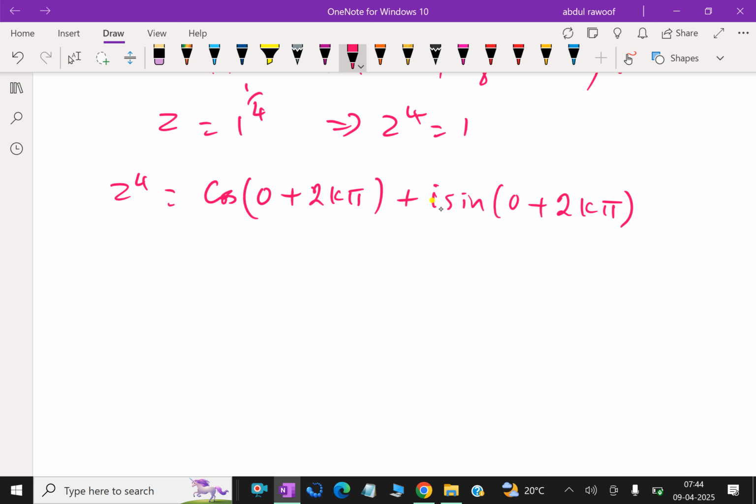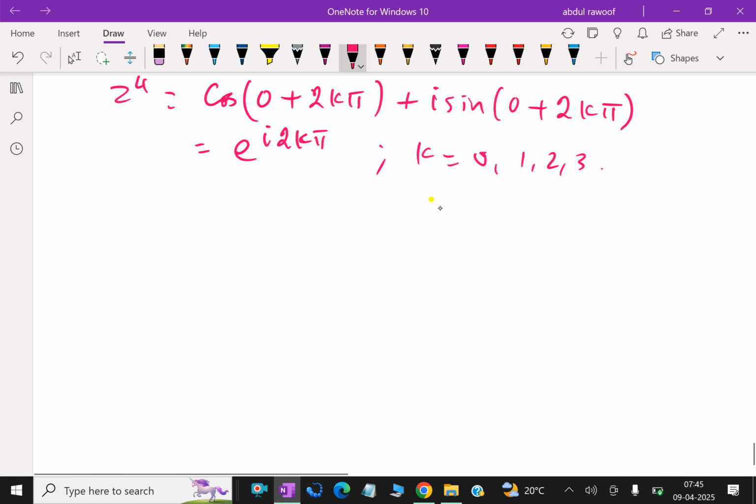By De Moivre's theorem, this is e^(i·2kπ), where k = 0, 1, 2, 3.